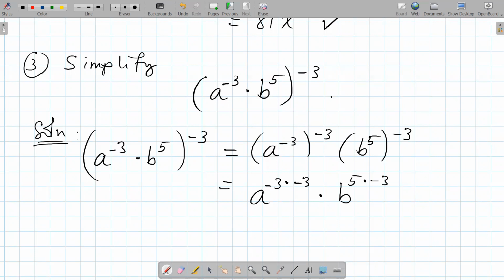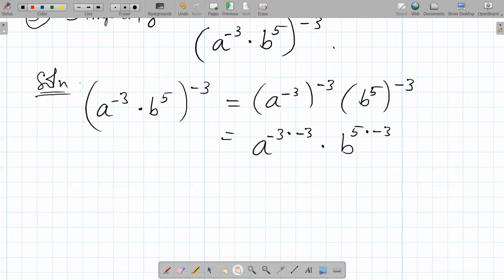They multiply together. That's one of the rules that we studied. So this is going to be a; negative 3 times negative 3 is positive 9. And then b, 5 times negative 3 gives you negative 15.